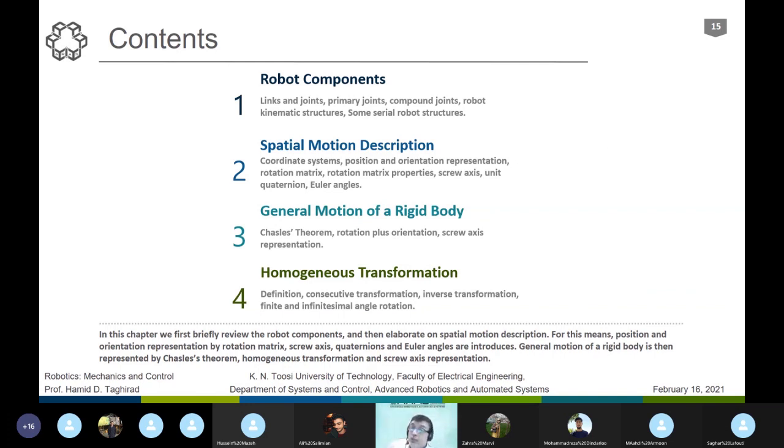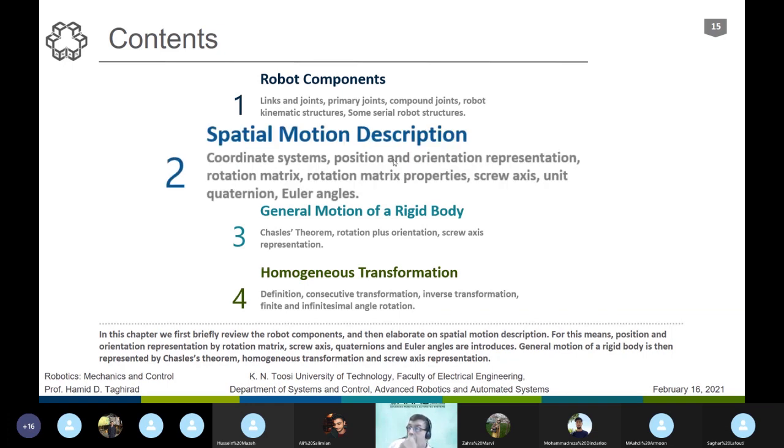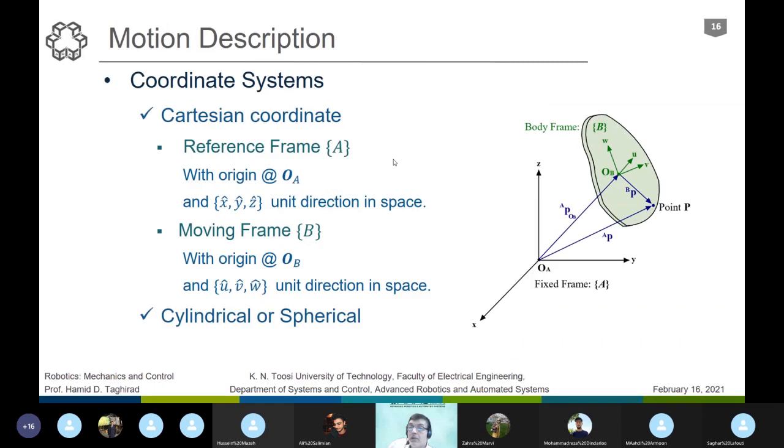All of them should be defined by a number of degrees of freedom, translational, and some of them in terms of orientation or rotational ones.